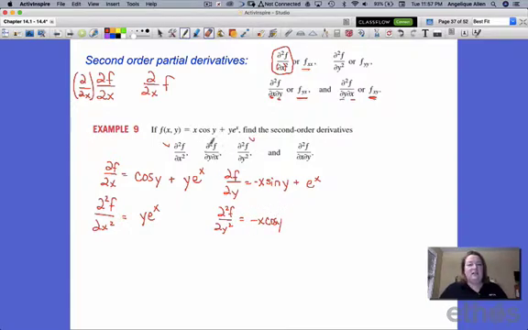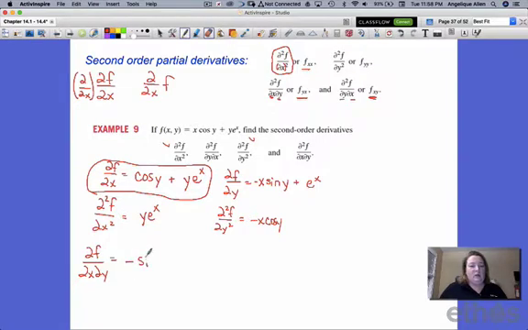And then we have to take second derivatives doing one of each direction. So here's my df dx, and so now I can do df dx first, and then second time dy. So I'm going to do the derivative with respect to y of this expression. So that's going to be negative sine y, and the derivative of y e to the x with respect to y is e to the x.